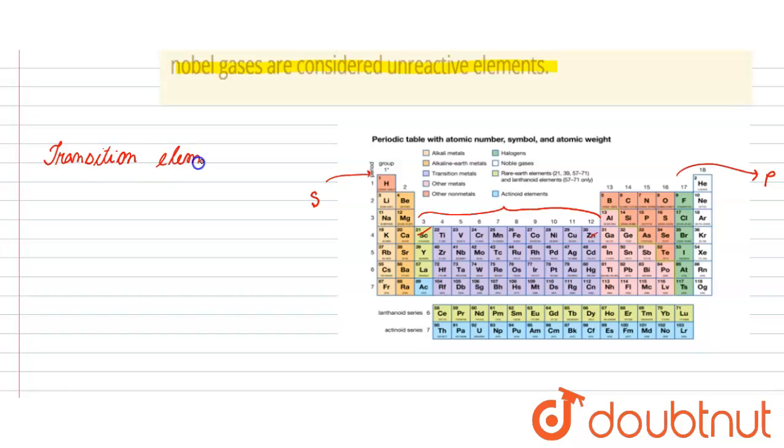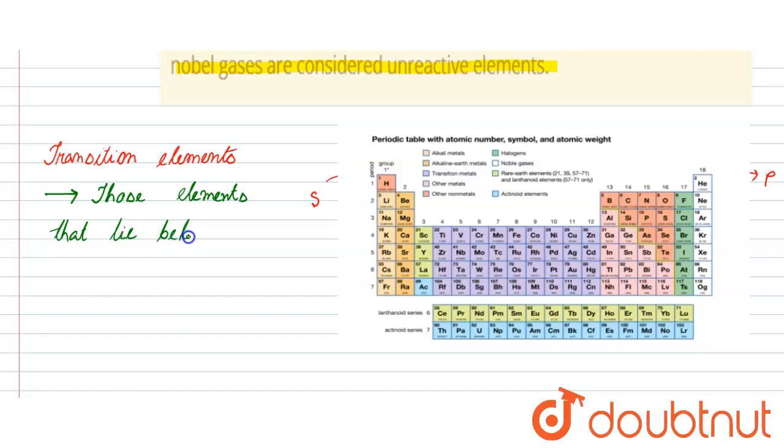We can say those elements that lie between S block and P block elements are called transition elements.